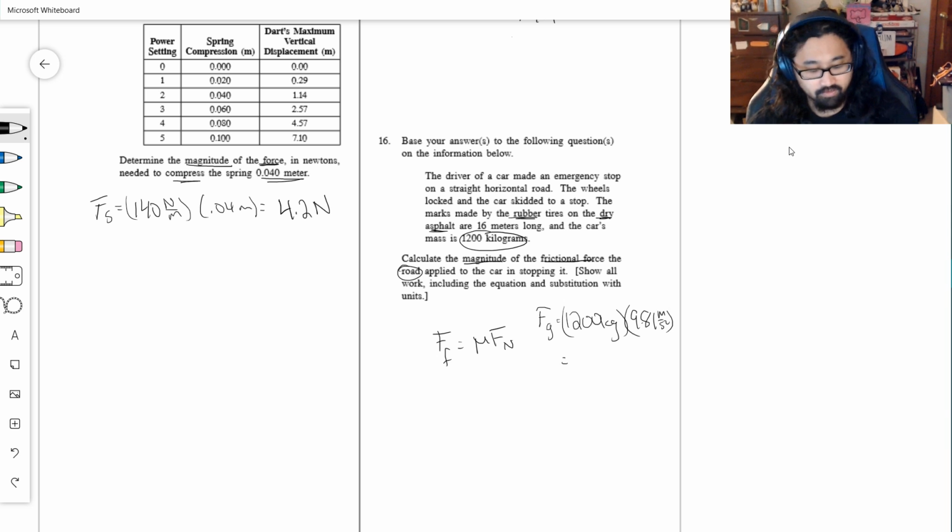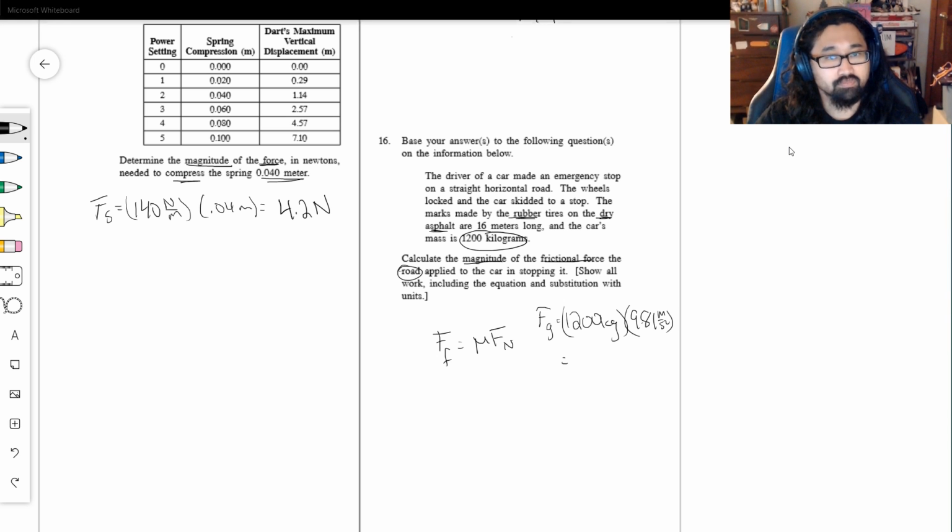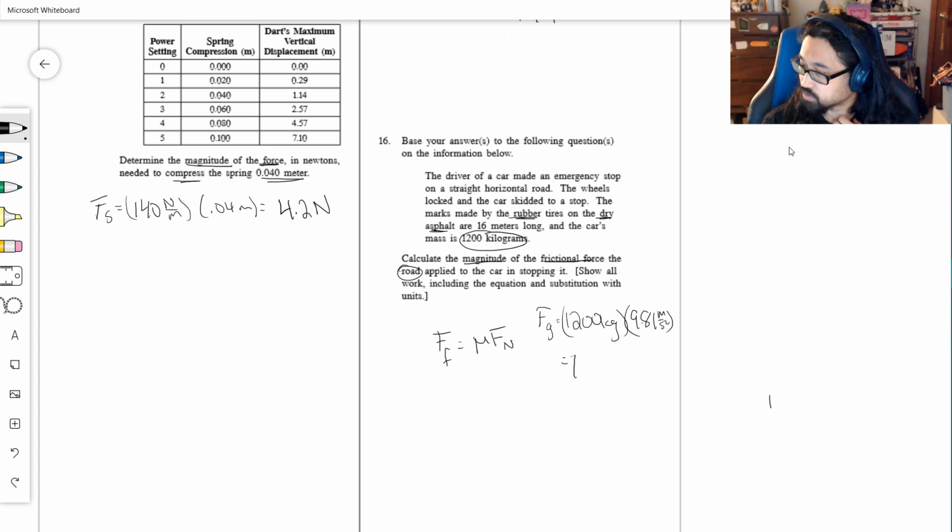Well, this is 1,200 times 9.81, which is 11,772 newtons. So I'm looking at rubber on dry asphalt, which is 0.67, times 11,772 newtons.